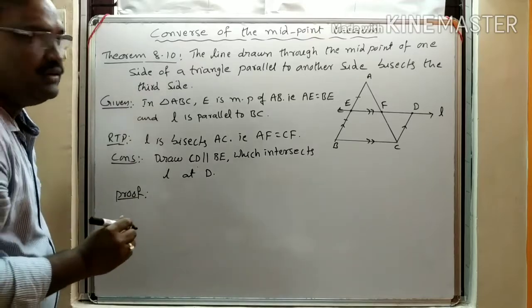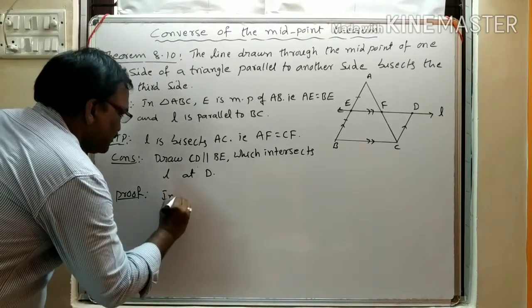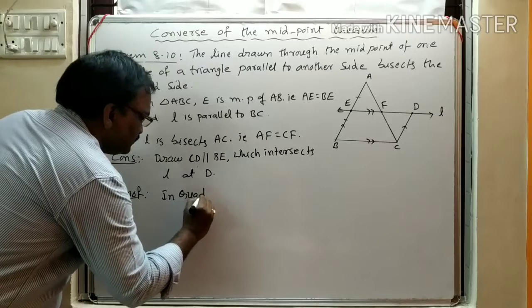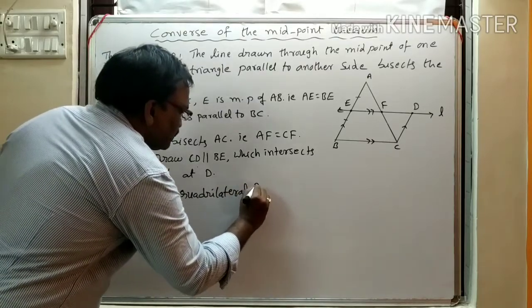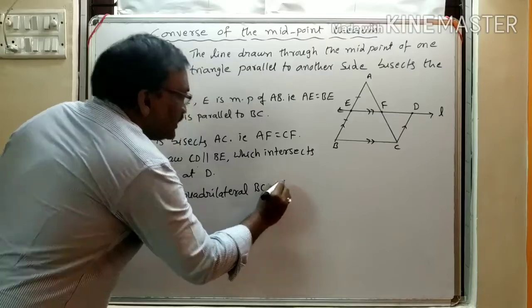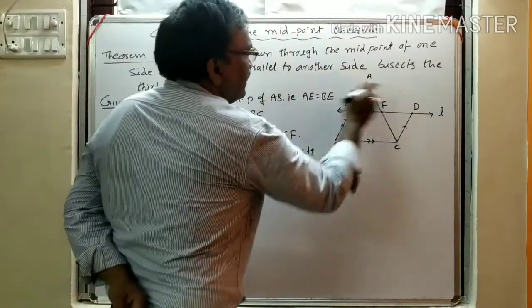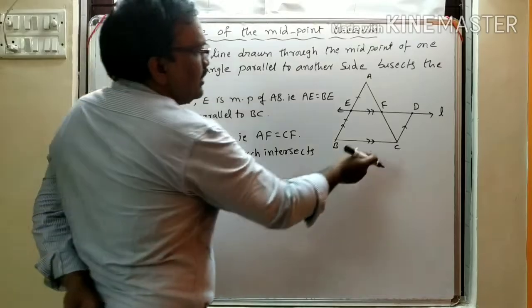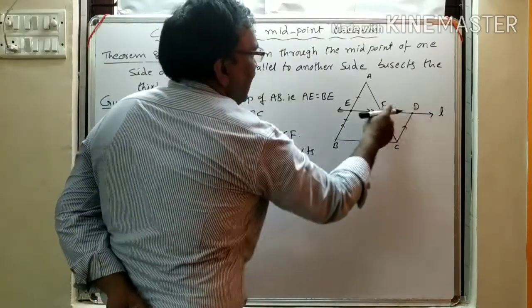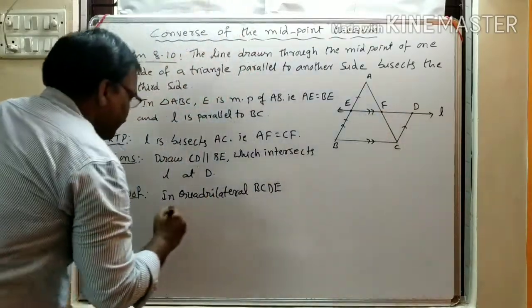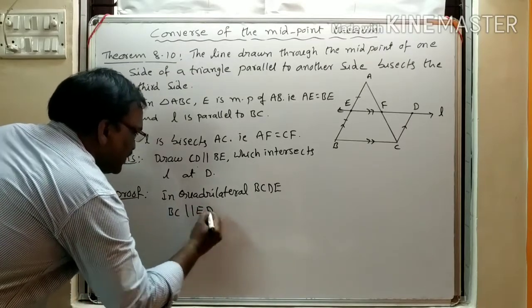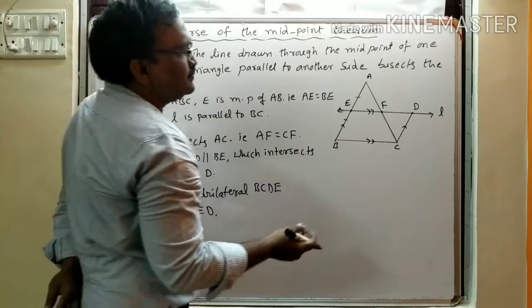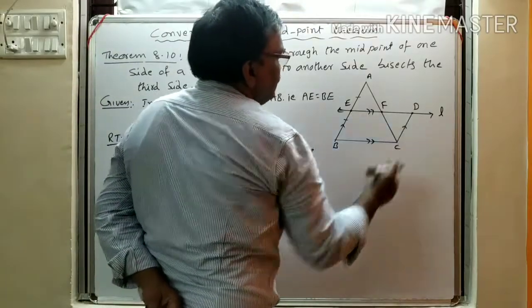In quadrilateral BCDE, what are parallel? BC is parallel to L, nothing but ED. BC is parallel to ED and BE is parallel to CD.